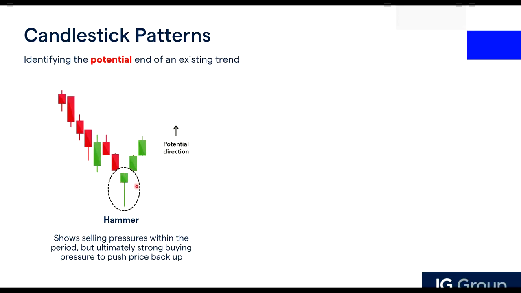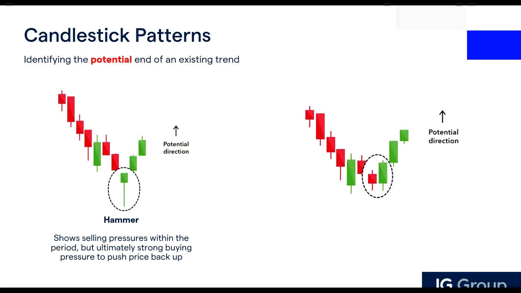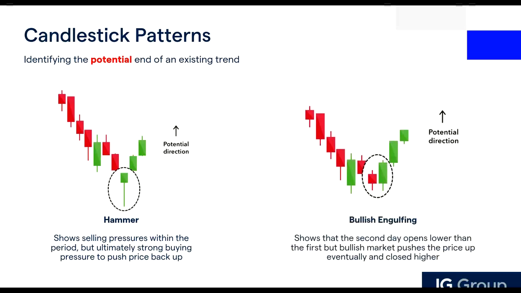This hammer candlestick can form anywhere within a chart, in an uptrend or in a downtrend, but typically if we see this in a downtrend, it has more meaning to it, because it can signal a potential reversal.